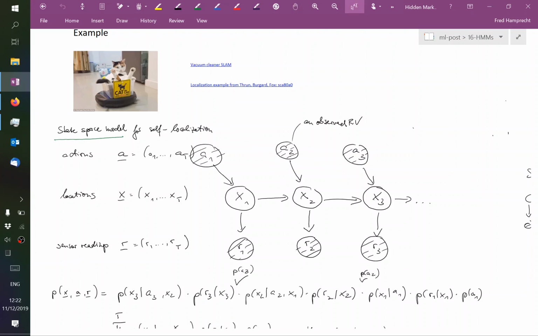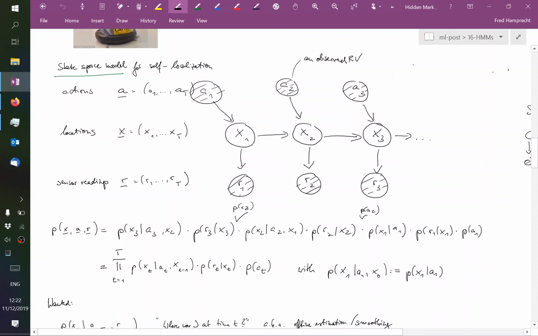Earlier I had said that we really have this map, which is observed, and then the sensor reading depends on the map, and it depends on the state that I am in.